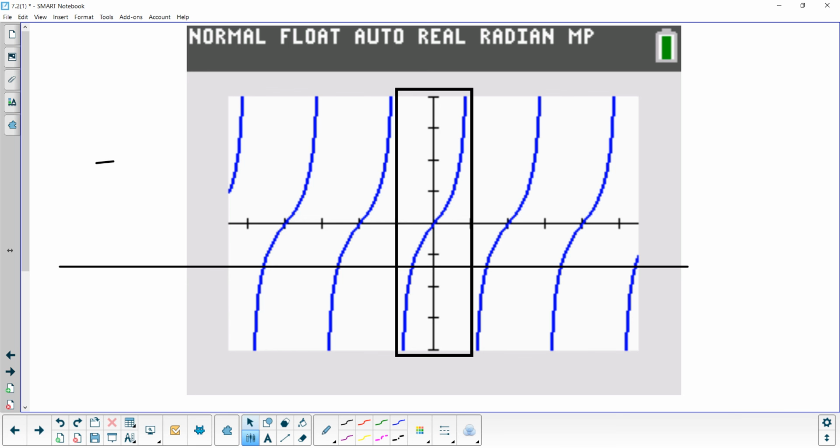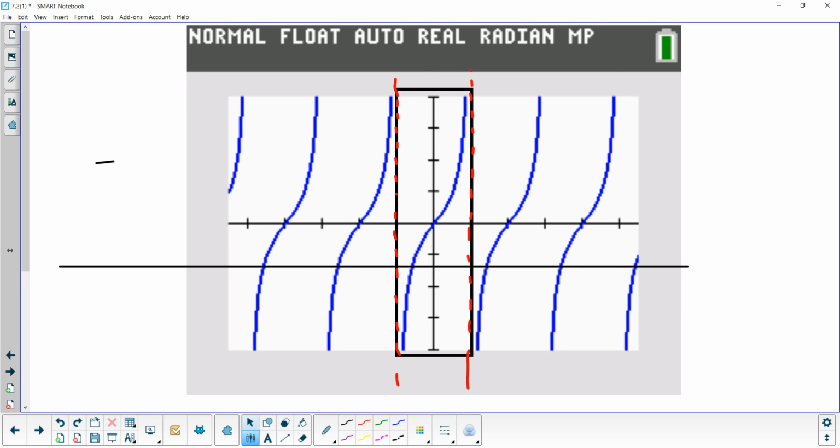What does this graph have in it, though, that sine and cosine don't? We've talked about these kind of things before. I think I said it a minute ago. Yeah, this has asymptotes. In fact, this left edge of the box is an asymptote, and so is the right edge of the box.